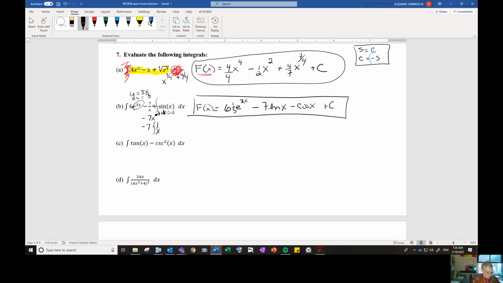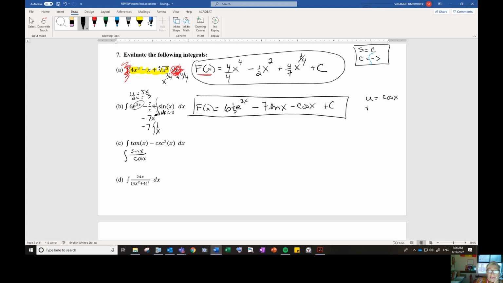Okay, in letter C, there is no derivative that gives me tangent. So we have to rewrite this one as sine over cosine. And then this becomes a u substitution.